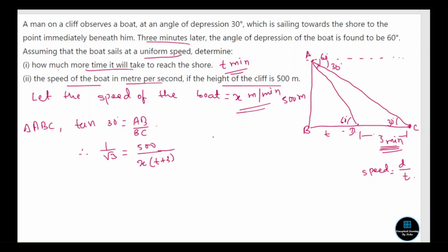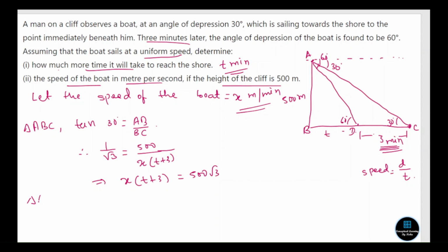Now I can write this as x into (t plus 3) is equal to 500 square root of 3. I'll keep this as it is.